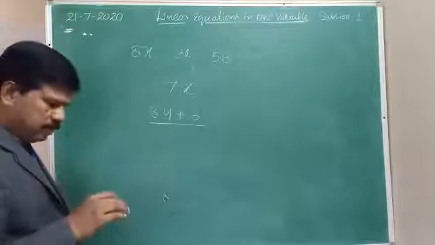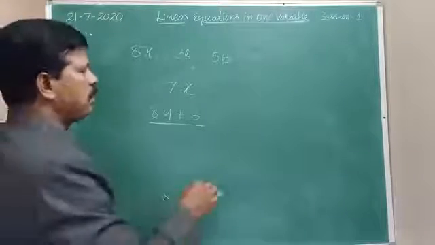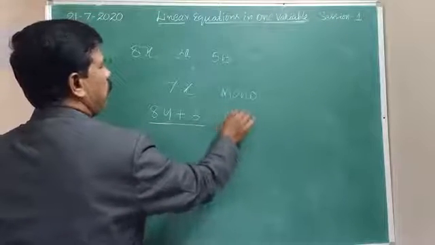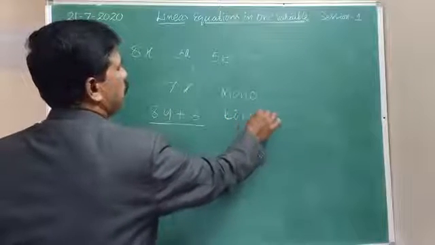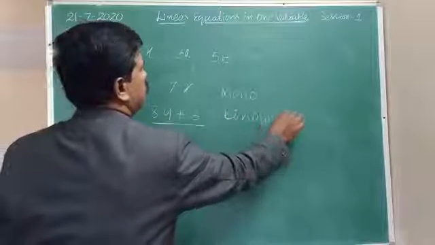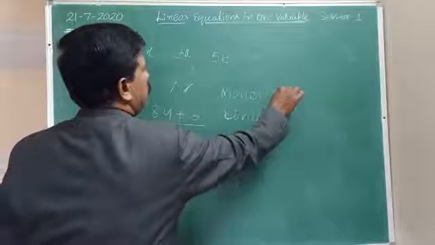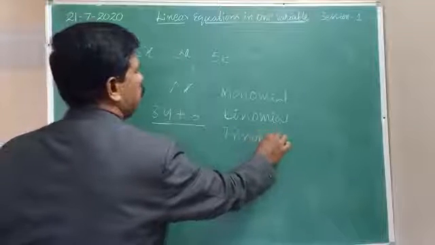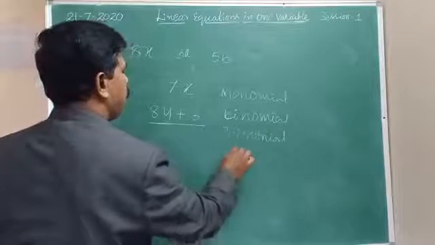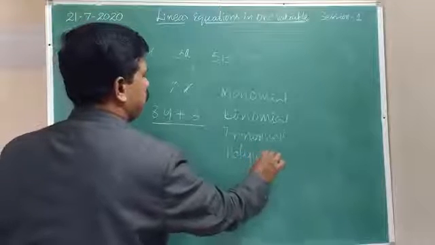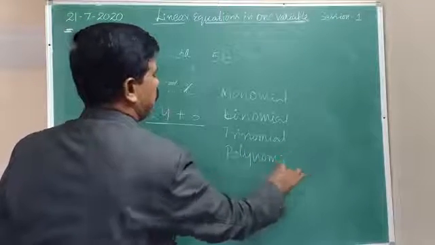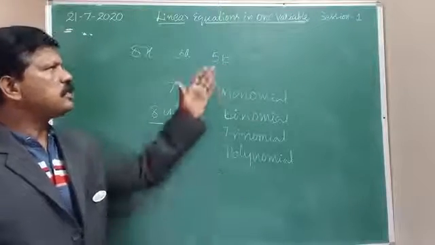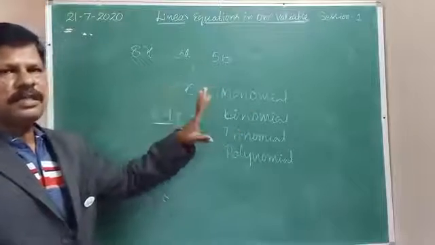There are so many types, mainly 4 types: monomial, binomial, trinomial, and polynomial. These are the types of algebraic expressions you studied in your previous classes.